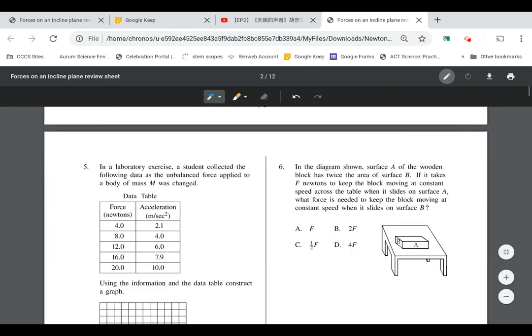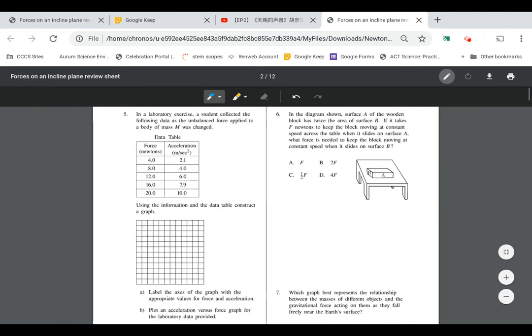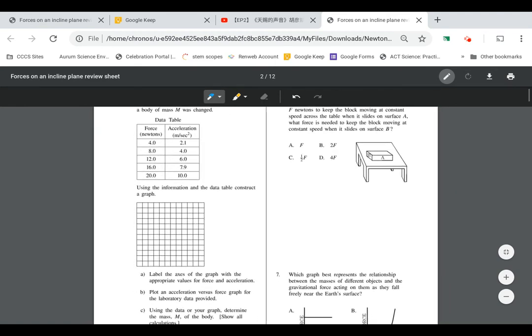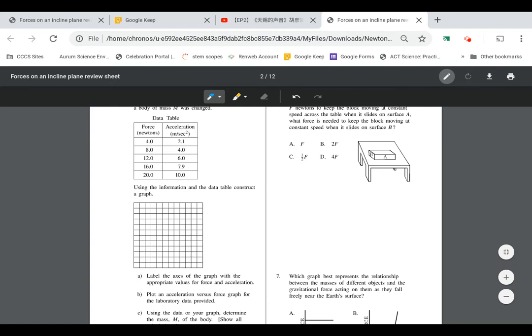Question number 5. All you have to do is graph, right? Label the axis of the graph with appropriate values for force and acceleration. So here, our force is the independent variable, which is x. Our acceleration is the dependent variable, which is y.